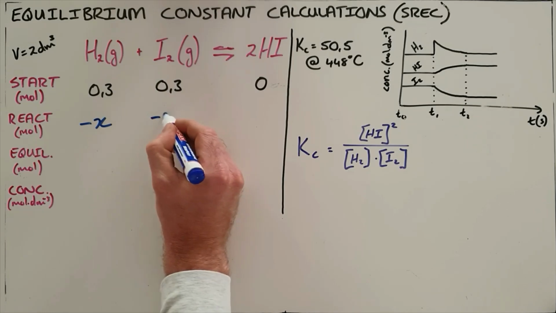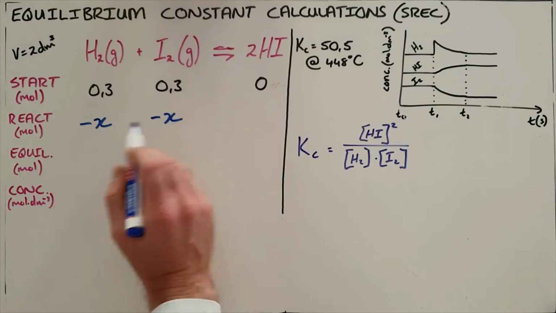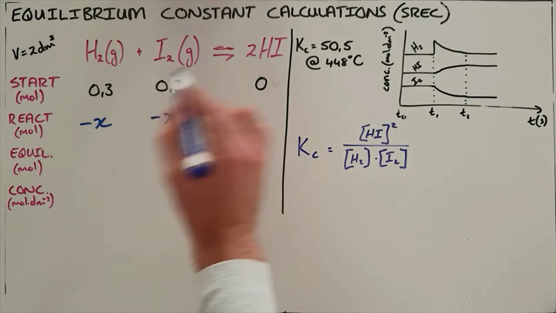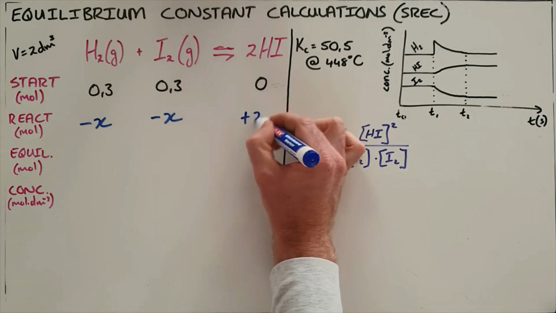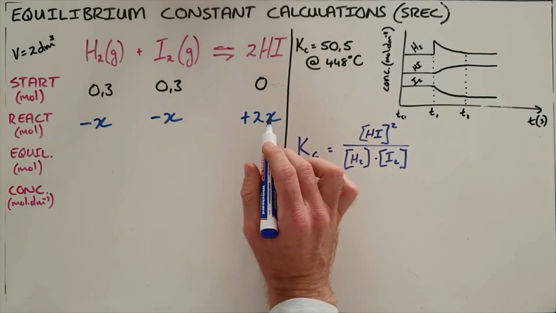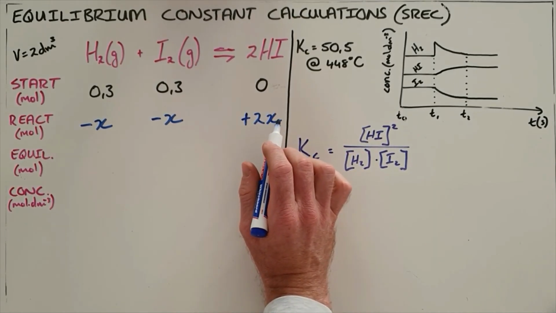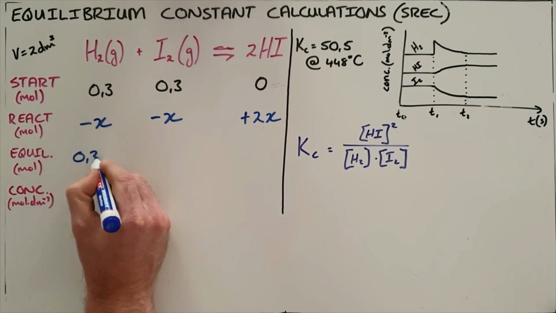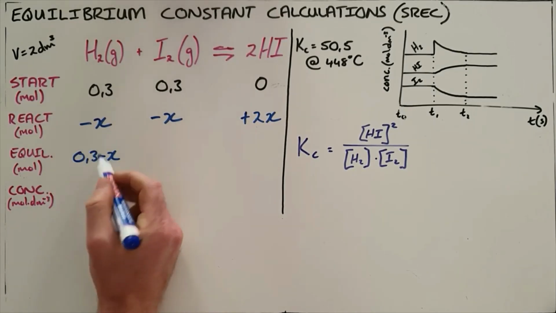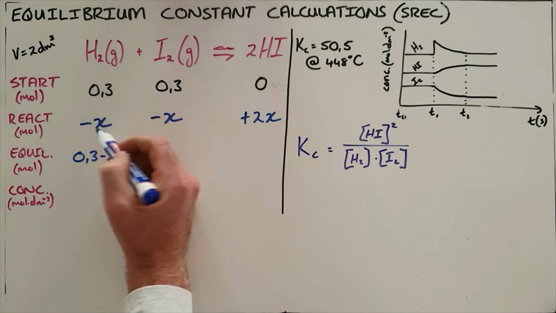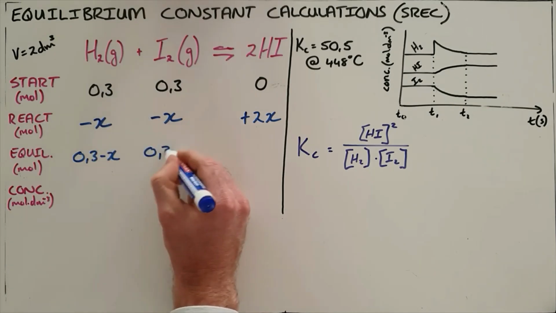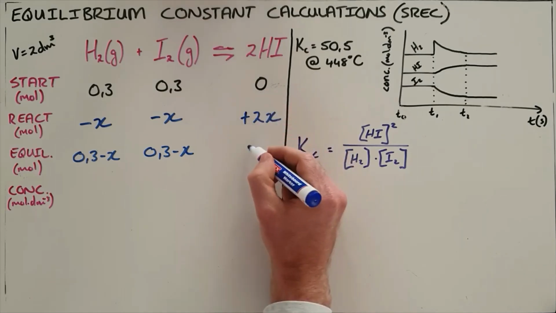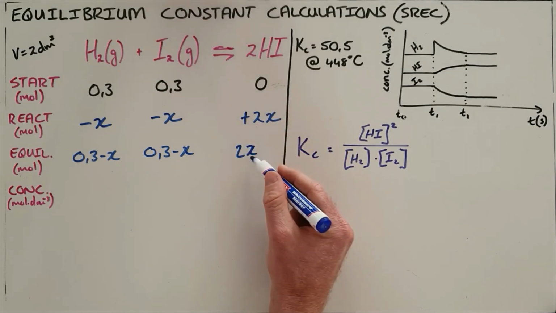Since they react in a ratio of 1 to 1, we can say that negative 1x moles of each of these is removed, and since the ratio here is 2 to 1, that must mean that we form 2x moles of hydrogen iodide. What we can then do is we can say that at equilibrium, that means we must have 0.3 minus x moles of hydrogen, what we started with, minus what reacted, and the same for iodine, and for hydrogen iodide we started with nothing, we formed 2x moles.